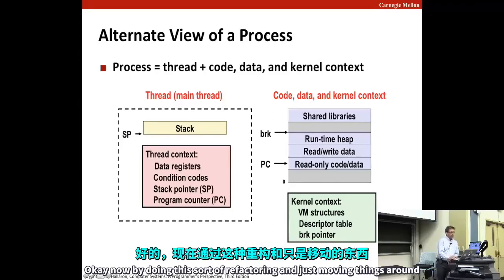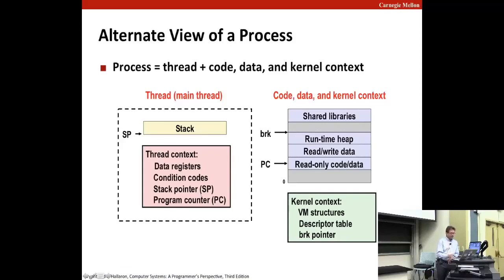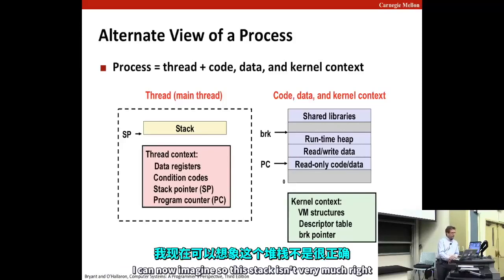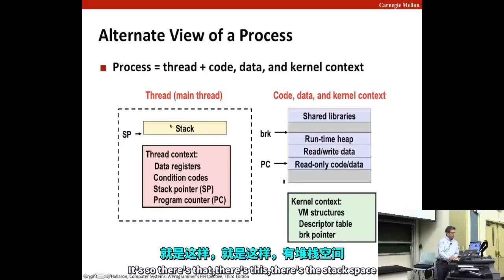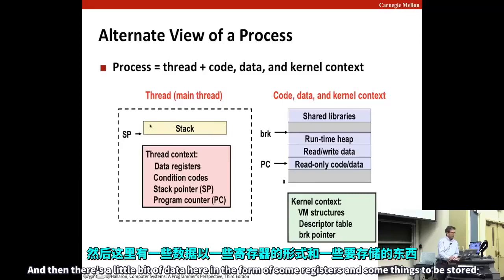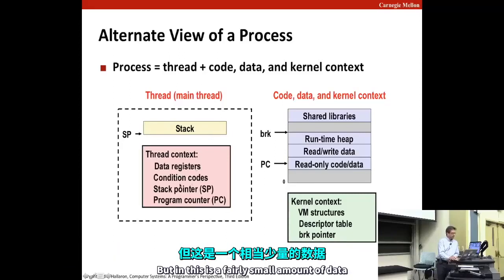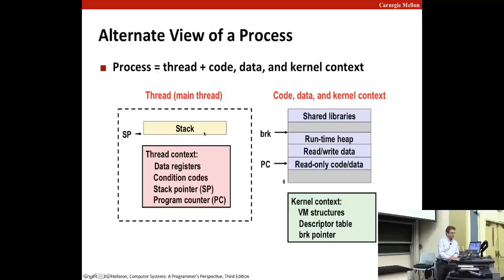Now, by doing this refactoring, I can imagine, so this stack isn't very much, right? There's this stack space, and then a little bit of data in the form of some registers, but this is a fairly small amount of data.